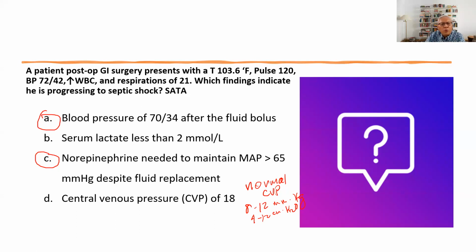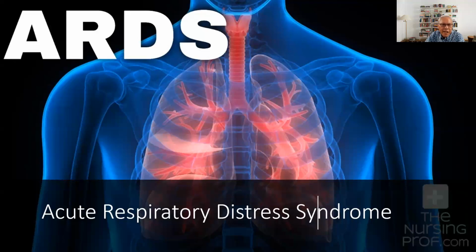Let's now go to a discussion of ARDS, which is another condition. And usually this is an offshoot of the septic shock. So what is ARDS? Well, ARDS stands for Acute Respiratory Distress Syndrome. This is a life-threatening lung injury. The reason why this is life-threatening is that when you have ARDS, fluids leak into the lungs.